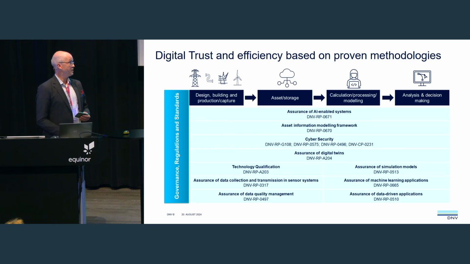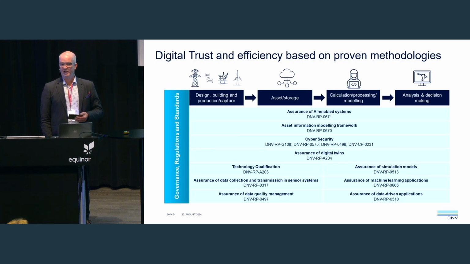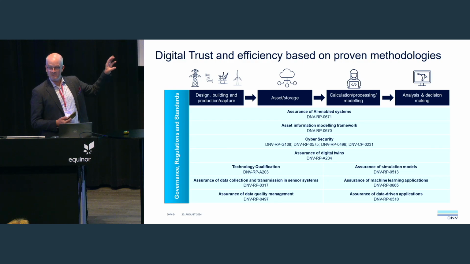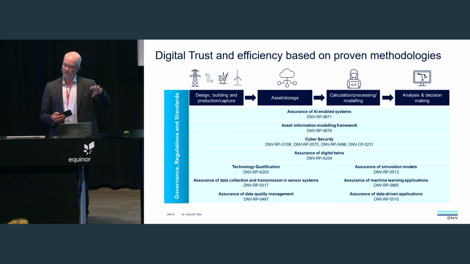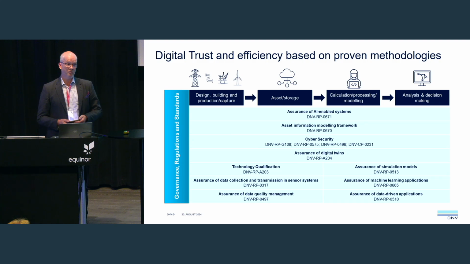And to help industries, we have issued a series of recommended practices. We're doing this together with the key players in the industries. I'm not going into the details of all of this, but these are used for framework around with our customers, framework for successful digital transformation and to gain value from digital investments that are being done by our customers and by industries.